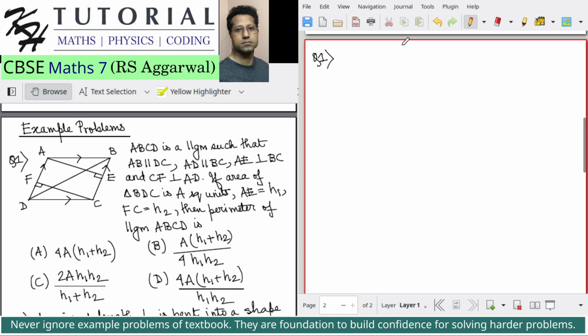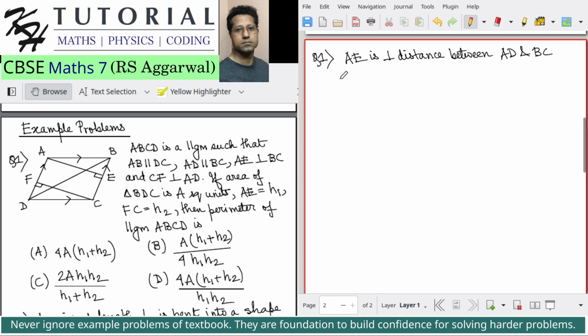AE is perpendicular to BC, which means that AE is the perpendicular distance between AD and BC. And CF is perpendicular to AD.